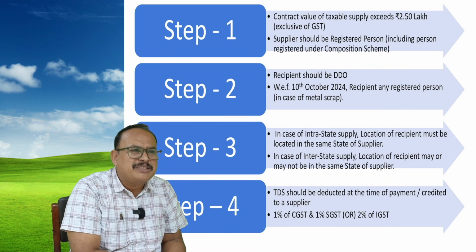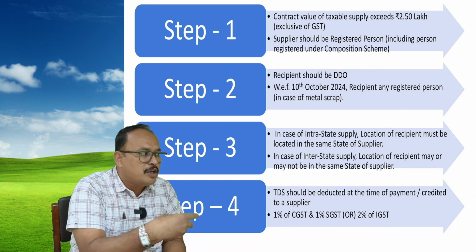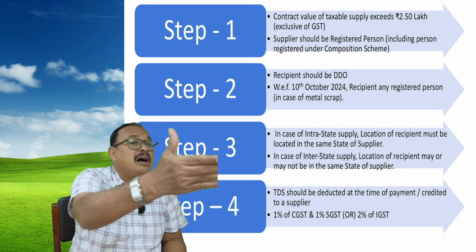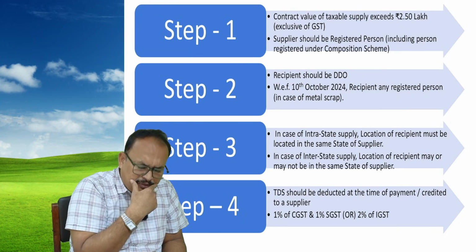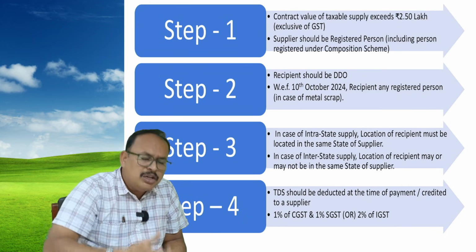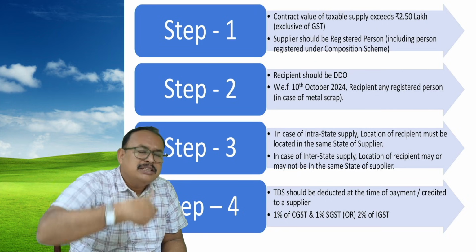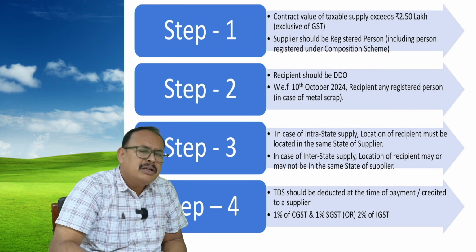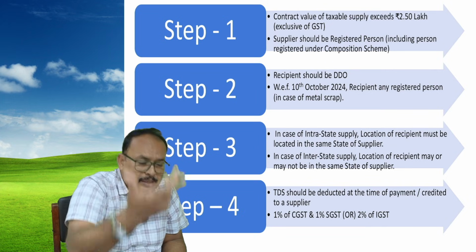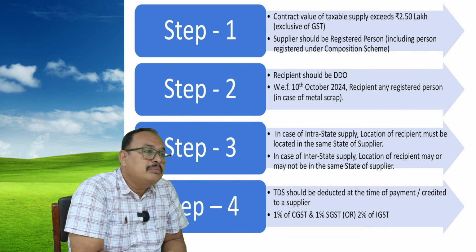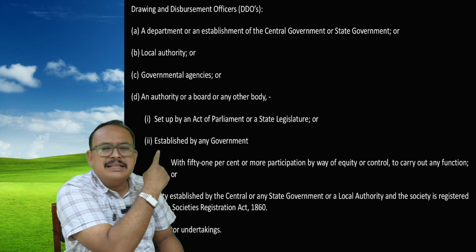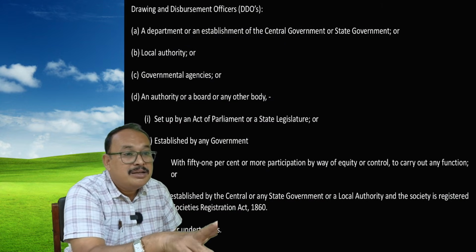Drawing and Disbursement Officer. Nothing but a government company, government agencies, statutory bodies, or societies under the Society Registration Act, not a partnership firm. Local authorities, government agencies, statutory bodies, and public sector undertaking companies we call DDOs. There is a big list, but not the partnership firm.